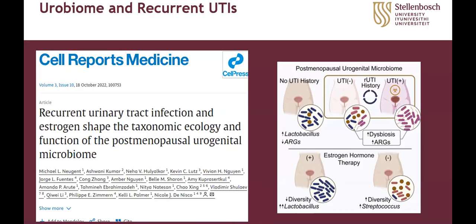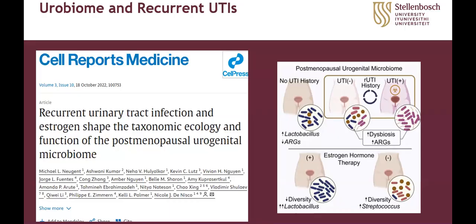With hormonal associations, they found that those patients who were on estrogen hormone therapy, localized and systemic, exhibited an increase in the prevalence of lactobacilli and other favorable bacteria, and that there was also a strong correlation between the bifidobacterium and lactobacillus abundance with urinary estrogen metabolites when they compared or observed that among the women without UTI histories.